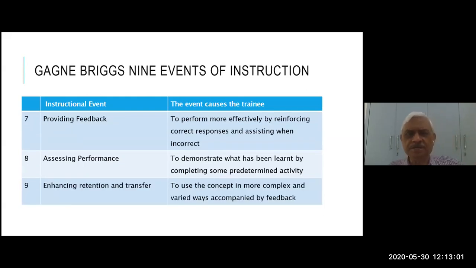Seventh is, as they are using it and performing in the simulated environment, you would be giving some amount of feedback. Now, this feedback can be positive or negative. Positive feedback will reinforce the correct responses, and that will cement their understanding.